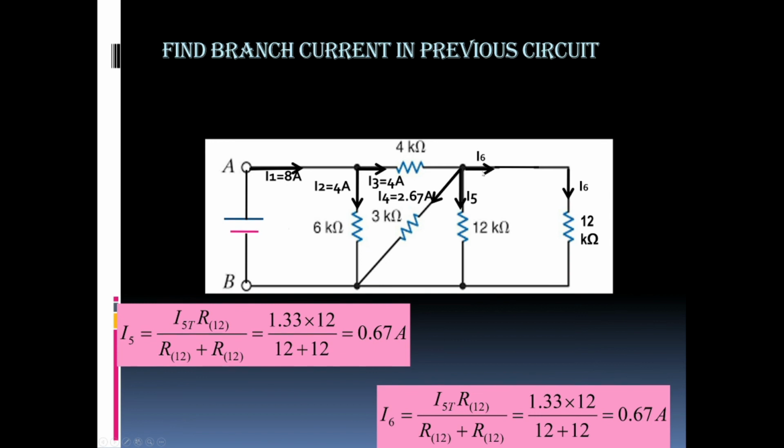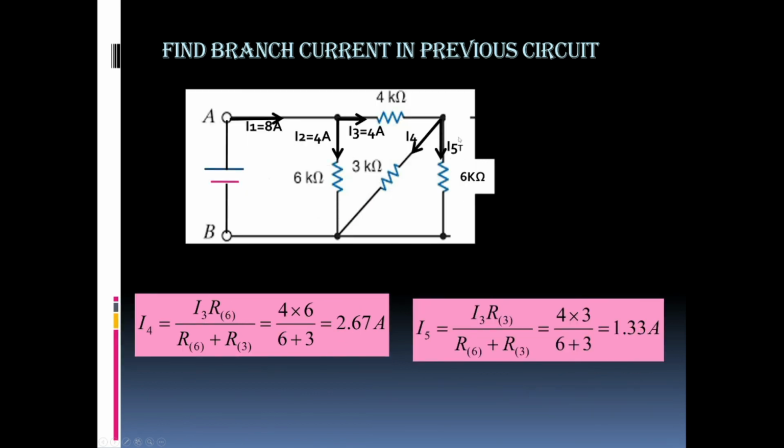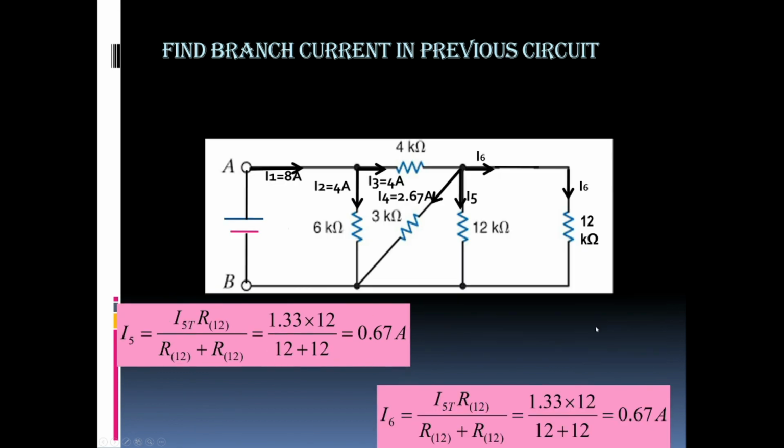To find the value of I6, it is I total, which you found here, that is this value 1.33. So I total into the resistance of the other branch.